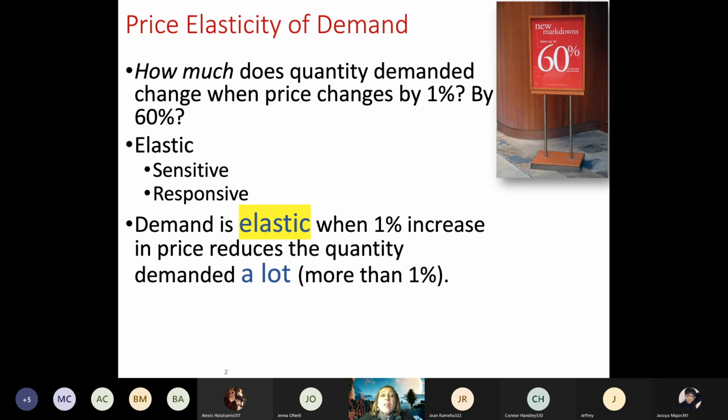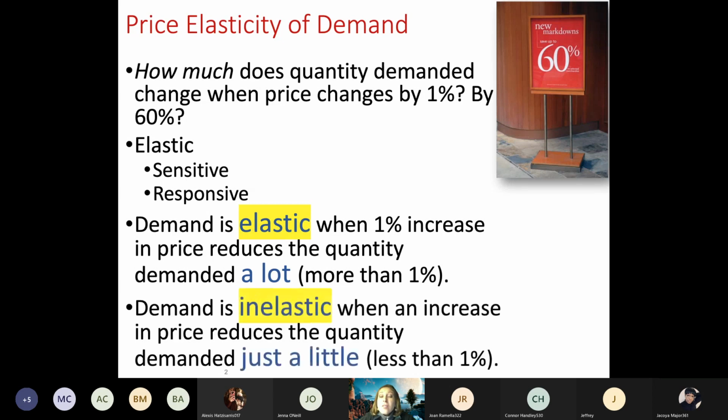In that case, demand is sensitive. And it's not sensitive, or inelastic, when we increase the price by 1% but the quantity falls by less than 1%. It'll become a little more clear as we keep talking.